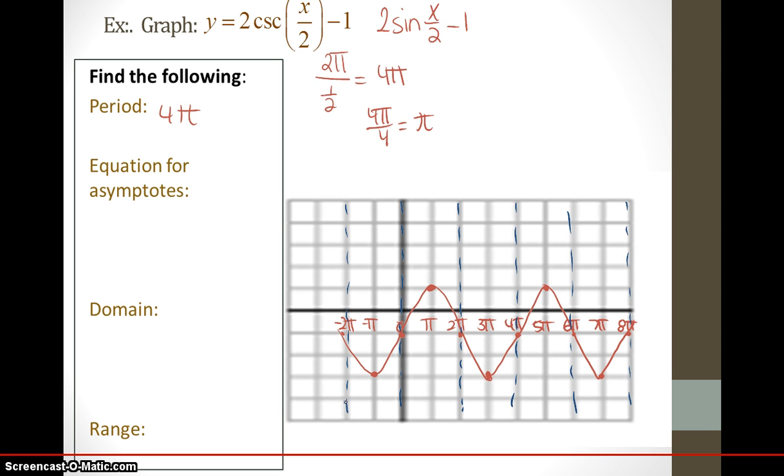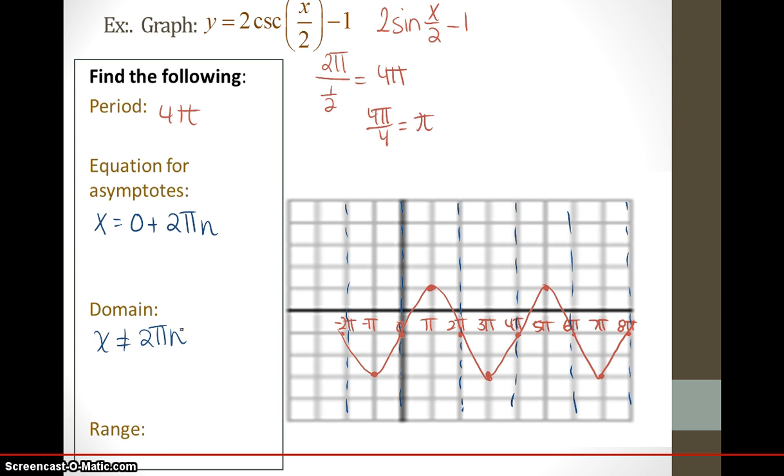Okay, let's go ahead and find the asymptotes. The asymptotes, we said, are going to start at 0. And then we want to find the distance between them. So 0 and 2 pi. So 2 pi minus 0 is 2 pi times n. The domain is all real numbers x such that x is not equal to the asymptote. We can just simplify it to be 2 pi n.